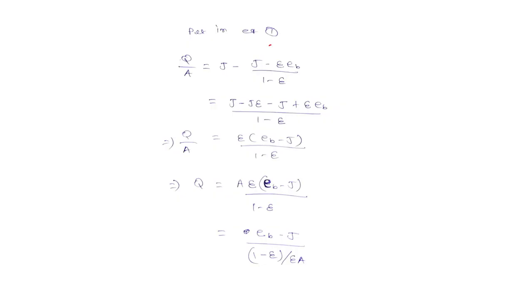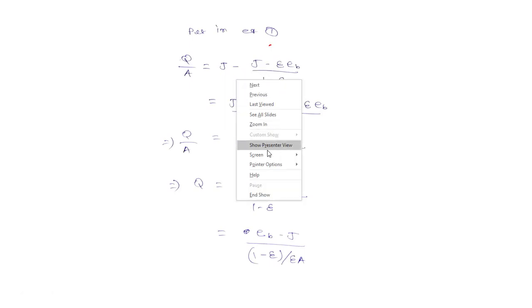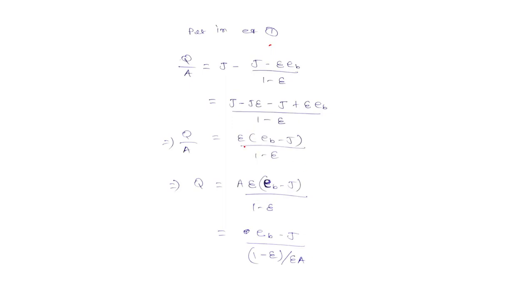Now solving this equation, we get epsilon in the bracket EB minus J upon 1 minus epsilon, and in terms of our equation of conduction and convection, we can write our equation like this: Q is equal to EB minus J upon 1 minus epsilon upon epsilon A. So this is the net energy exchanged through radiation from a surface.